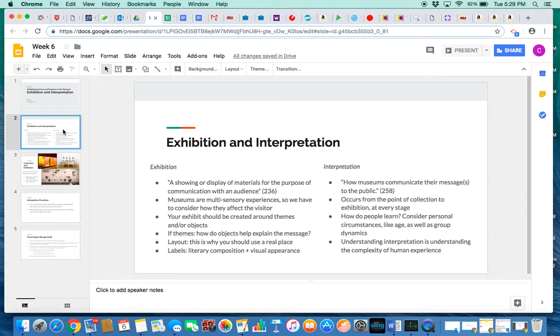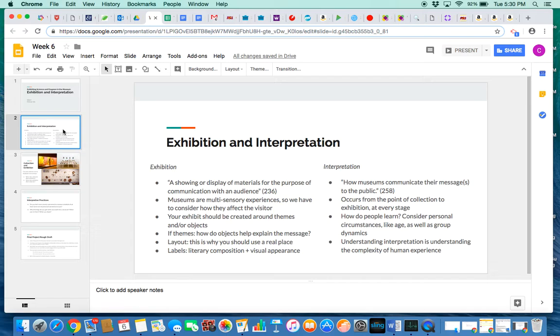On the other side of this equation is how you believe information should best be interpreted by the visitor, right? So the main question you want to ask yourself when you're doing this planning for your rough draft is, how do people learn, right? And this chapter is going to go into some depth to tell you different ways in which people learn and what's effective. And you can also think about your own experiences in museums, what's worked for you the best, right?